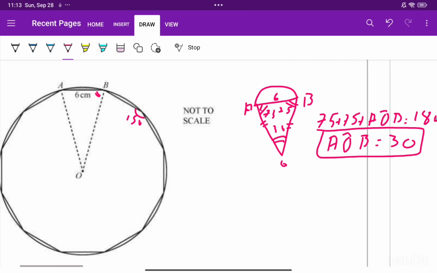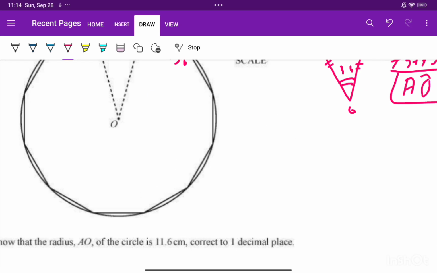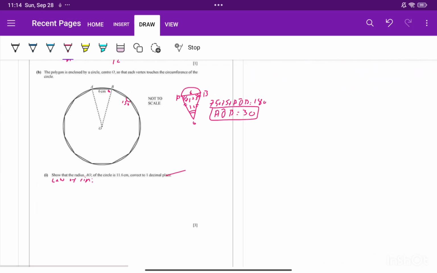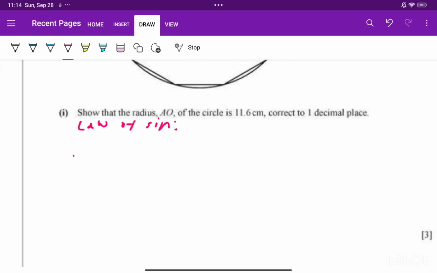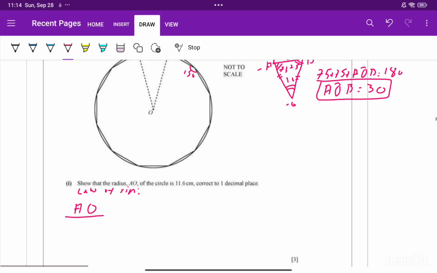Now we can find the radius by applying the law of sines. The law of sines says that line AO is opposite to angle ABO, which is 75.